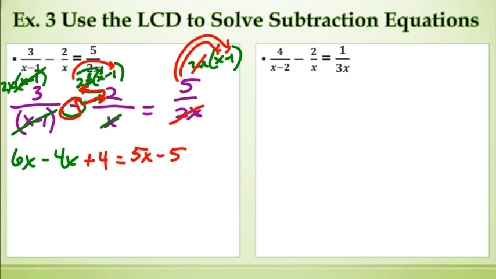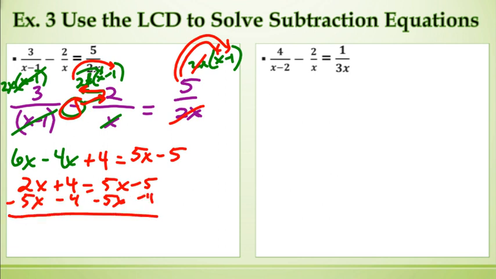Get all my x's to one side and all my whole numbers and integers to the other side. But before I do that, I add like terms. So 2x plus 4 equals 5x minus 5. Let's just bring all the x's to the left. So I subtract 5x. Means I have to subtract 4 on both sides.